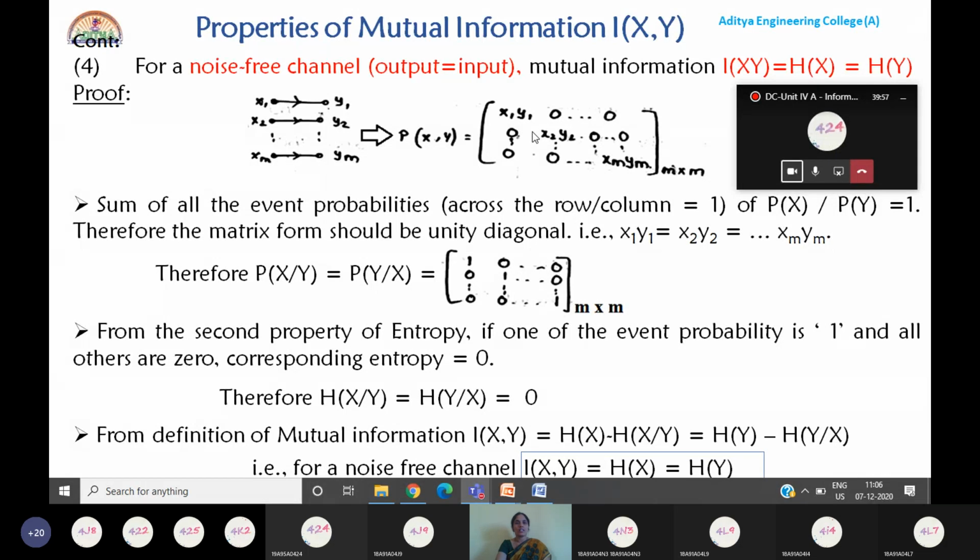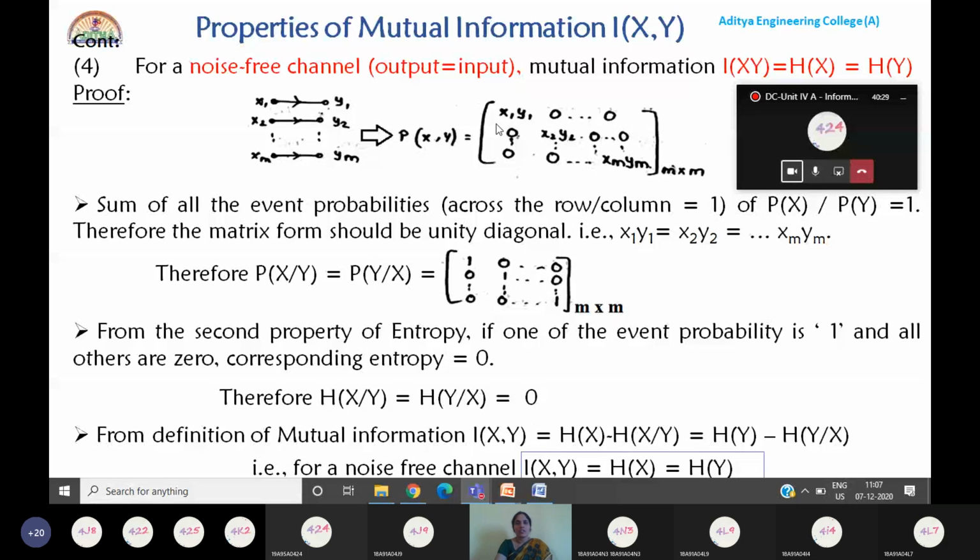In the first row, the sum of all the elements should be equal to 1, that is P(x1). Similarly, the second row should also sum to 1, and the third row as well. Similarly, the sum of all the elements in the first column should be equal to 1, that is (x1, y1) plus 0 plus 0 equals 1. Likewise the second column should be 1.